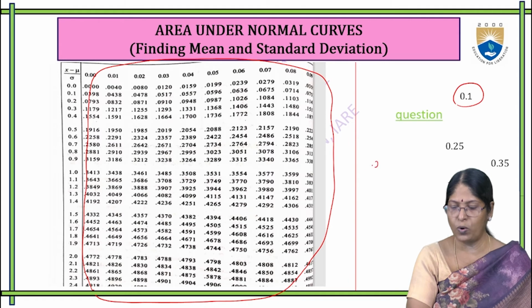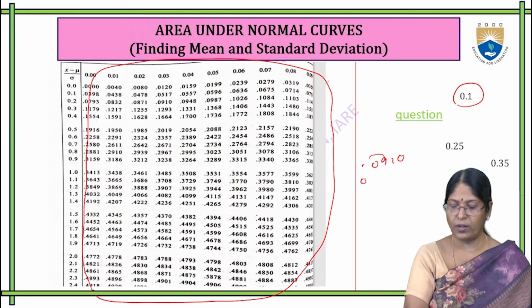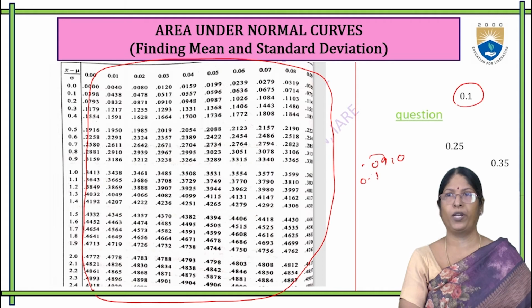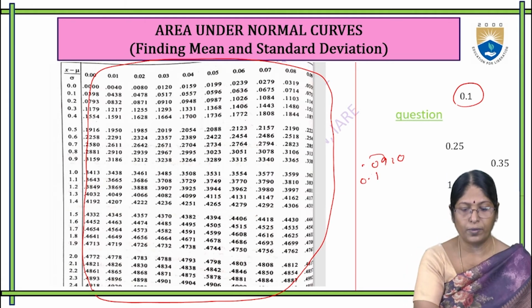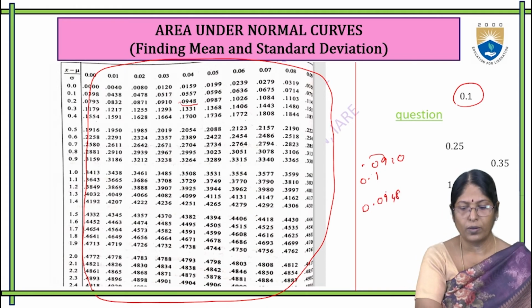Here 0.9 is there. So 0.0910, because it is more than 5, we can write it as 0.1. Possibility it is there, and we can see it here. Fully we have to search. This is also a possibility. That is 0.0948 is there.